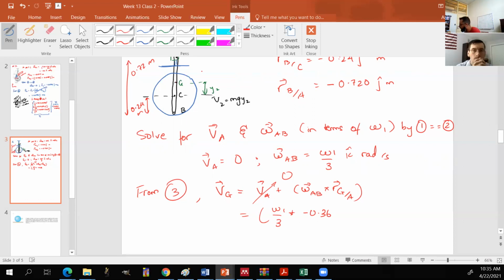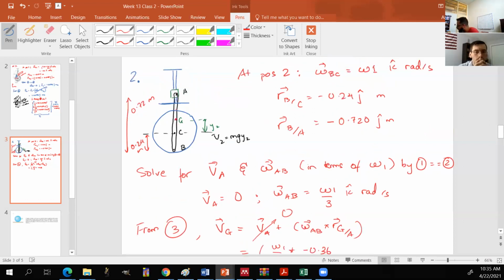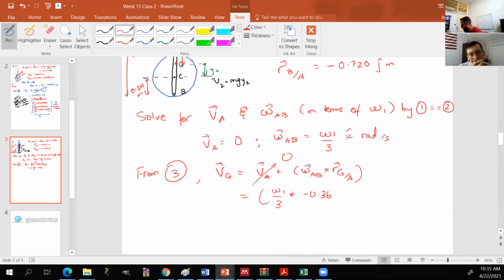I need to find R of G relative to A, so that's just minus 0.36 j hat. For the actual cross product, this one is k hat and this one is j hat.